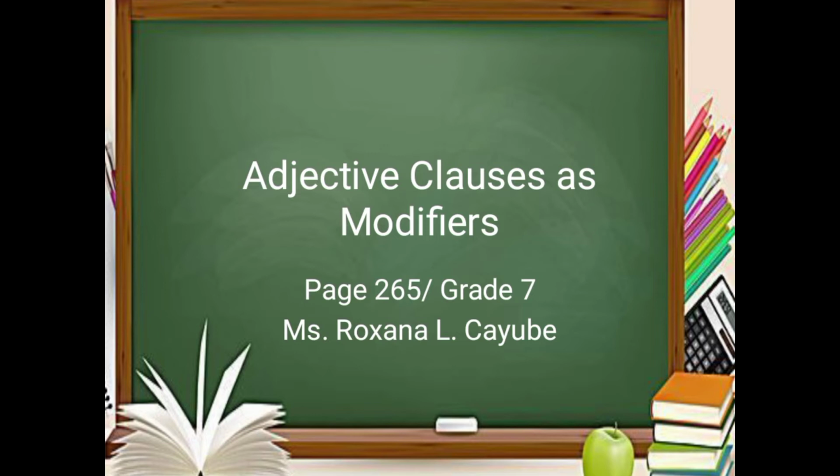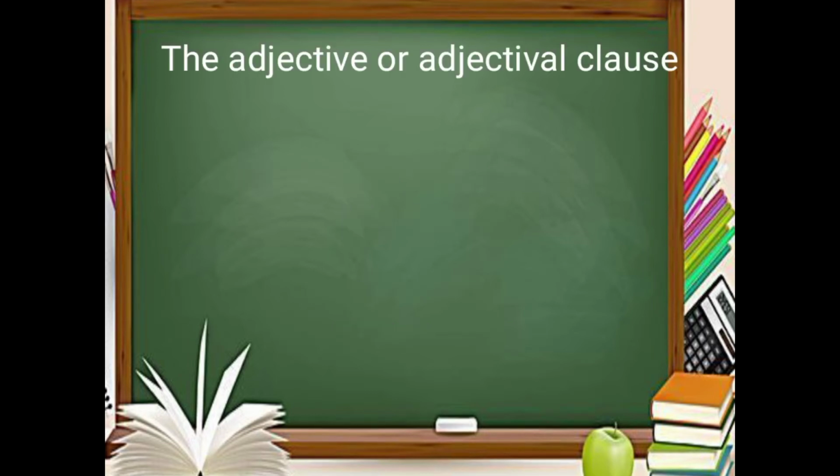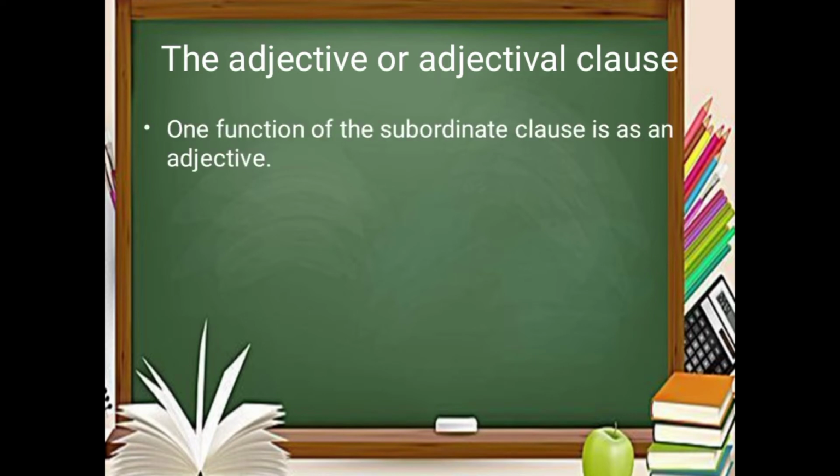Let's proceed to adjective clauses as modifiers. The adjective or adjectival clause, one function of the subordinate clause is as an adjective. When we say adjective, they are describing words. They describe nouns or pronouns.